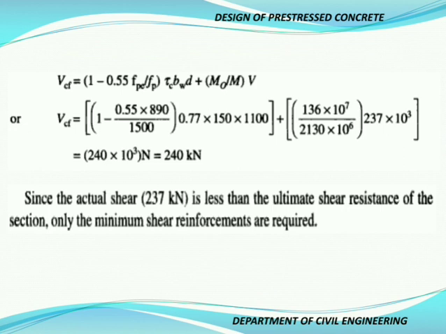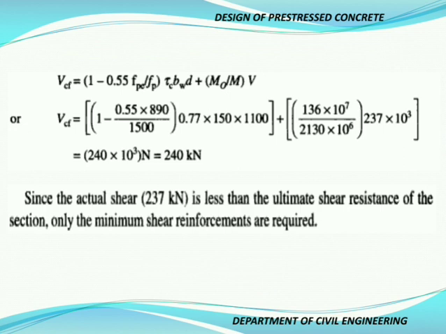Here the examiner wants to check whether you are aware that a V value is given to you and how you use it in the example, because it is nowhere in the formula. We calculated the ultimate shear resistance and got 240, but along with the moment, shear force at that section V equal to 237 was given.